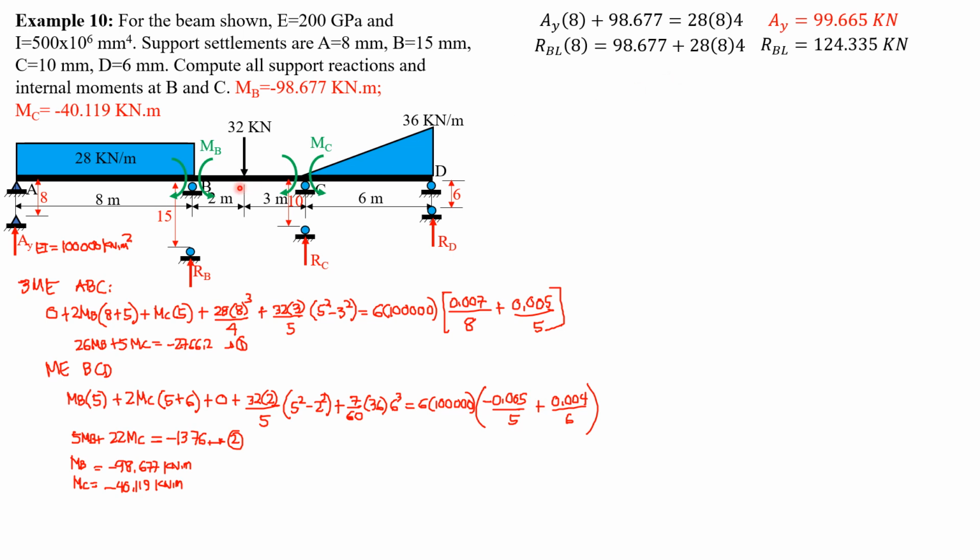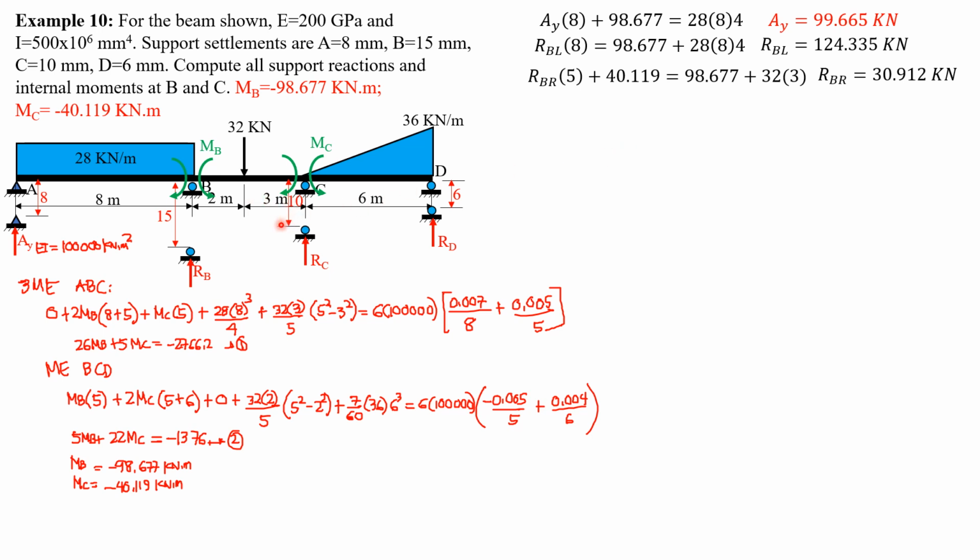124.335 kilonewtons. Considering BC, summation moment C equals 0, RB right times 5 plus MC, which is 40.119, equals MB, which is 98.677, plus 32 times 3, moment of the load. So RB right is equal to 30.912 kilonewtons.